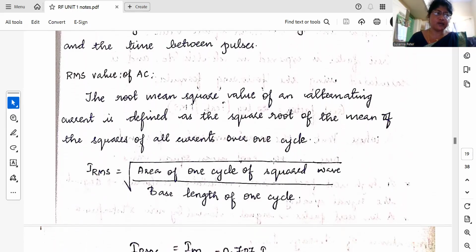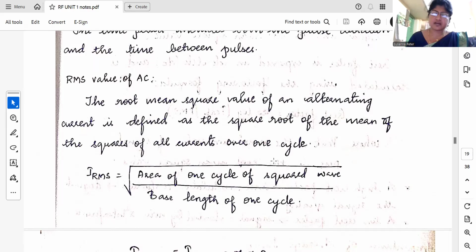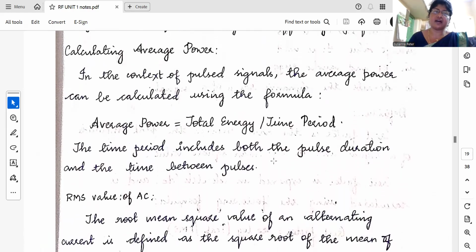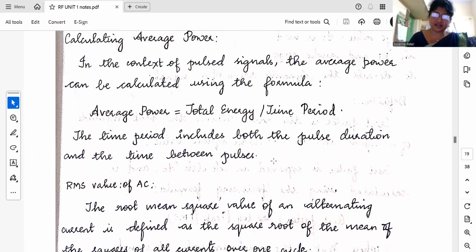The average value for a pure sinusoidal voltage can be given as V average is equal to 2 divided by pi times V peak, which is almost equal to 0.637 times V peak.